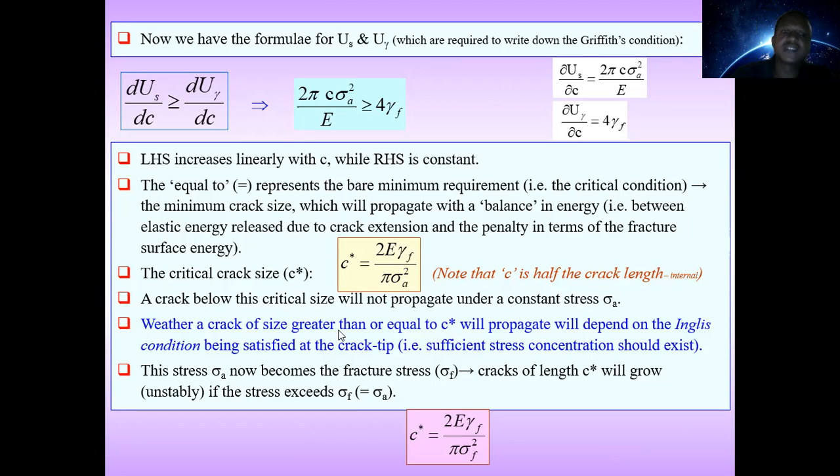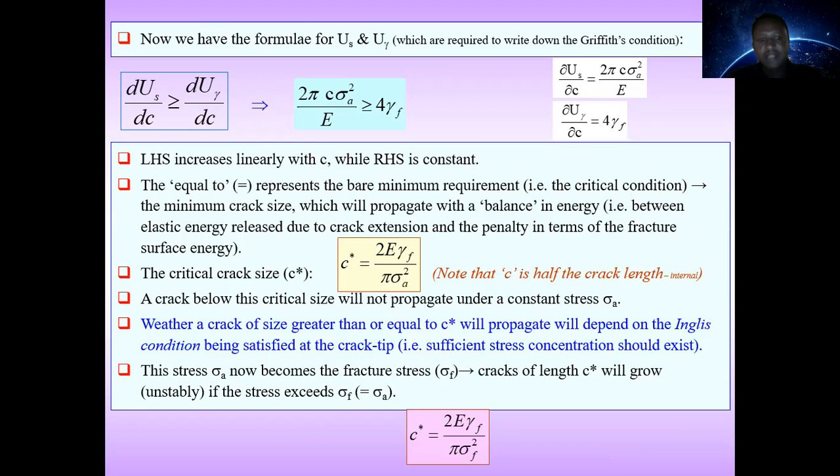A crack below this critical size will not propagate under the constant stress σ_a. Whether a crack of size greater than or equal to C* will propagate will depend on the Inglis condition being satisfied at the crack tip. A sufficient stress concentration should exist.